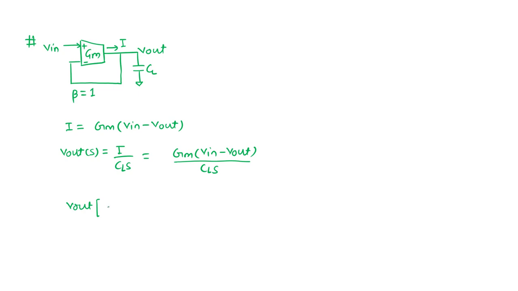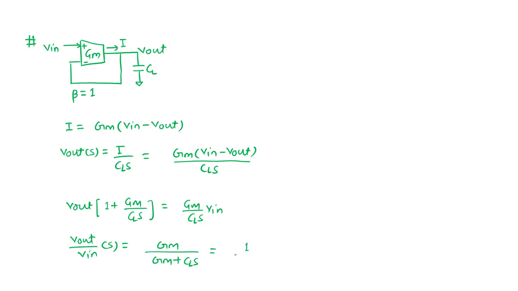It is nothing but 1 plus GM by CLS, times V out, equal to GM by CLS times V in. So what is the transfer function? V out by V in is GM divided by GM plus CLS. Okay, so this is the transfer function in closed loop fashion.